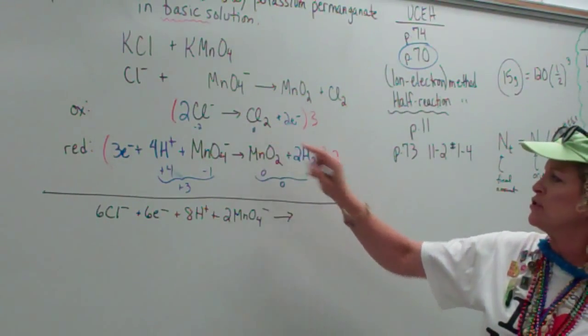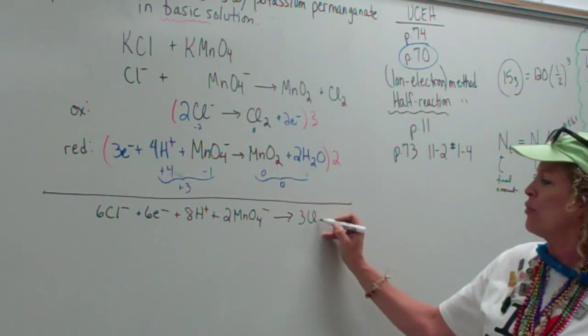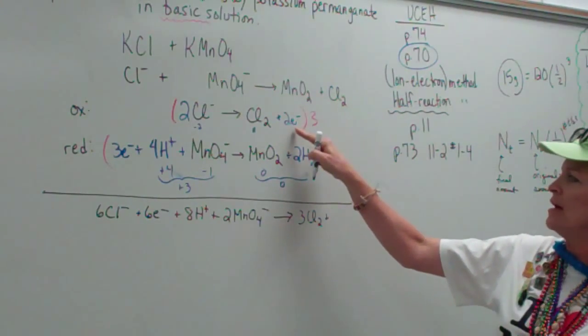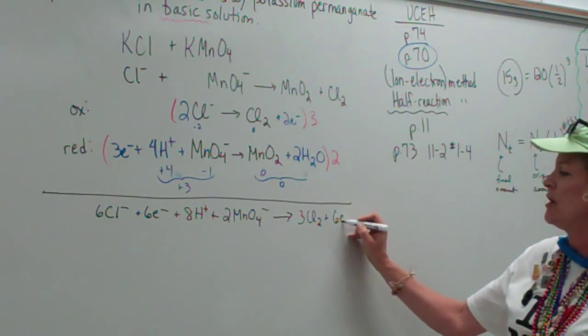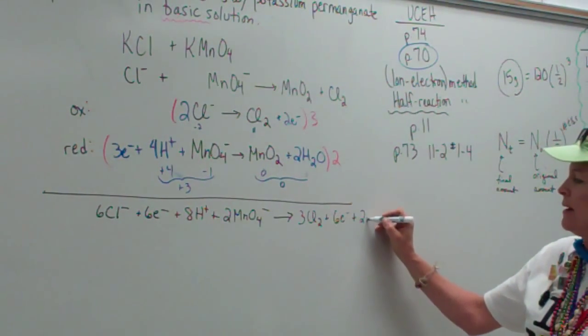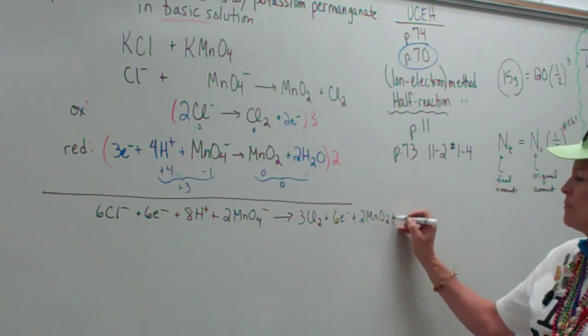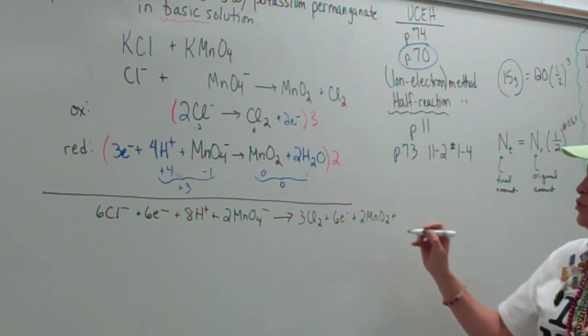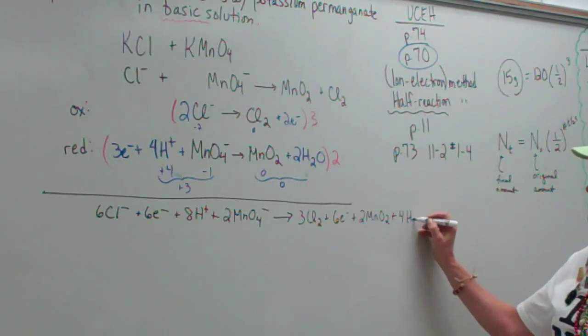So 3 times the chlorine is going to give me 3 chlorines. 3 times the 2 electrons will be 6 electrons. 2 times the MnO2s is just that. And we have 2 times the 2 waters, so we have 4 waters.